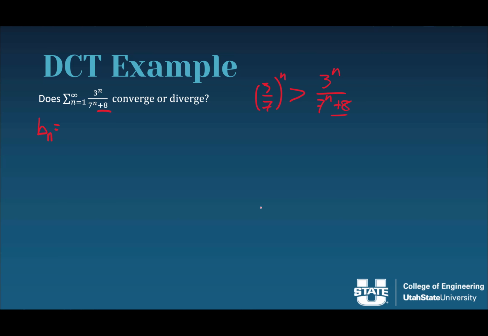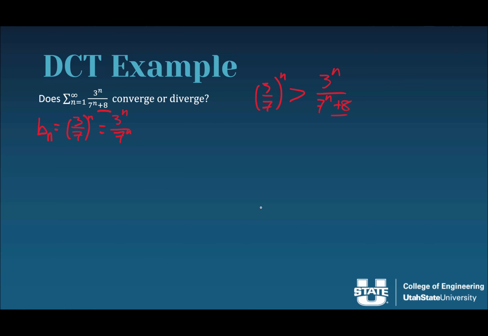But anytime that you have a function and there's a plus a constant in the denominator, an easy way to look at it is to focus just on the part that's changing over time. And if you know if that converges or diverges, you can use that to prove the convergence or divergence of your overall series. So I'm going to set b sub n equal to 3/7 to the n, which is also equal to 3 to the n over 7 to the n, right?